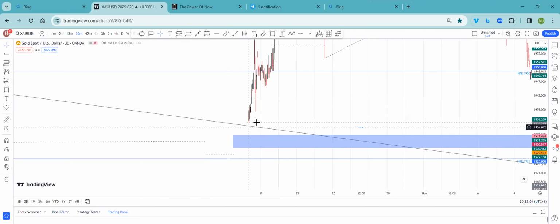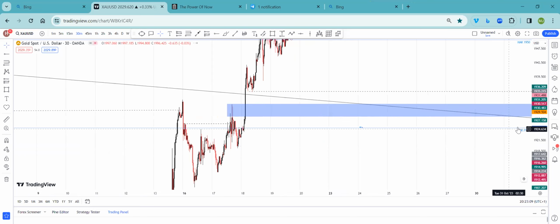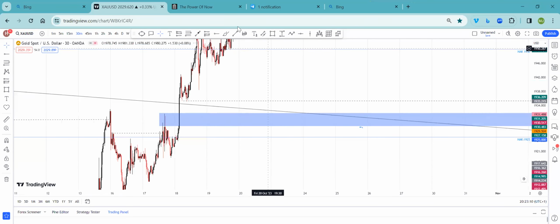Now if you look at this area, the market is giving us that kind of vibe. You see, it's not a coincidence. First push, right? Second push, third push. This first push and third push did not mitigate each other. So that shows that there is an inefficiency between this zone.